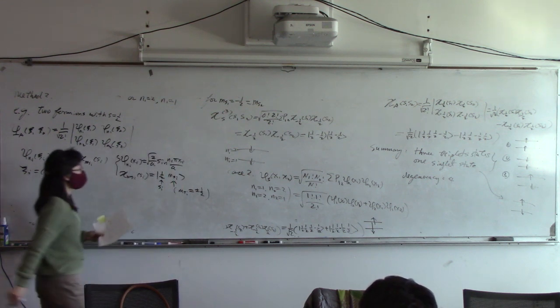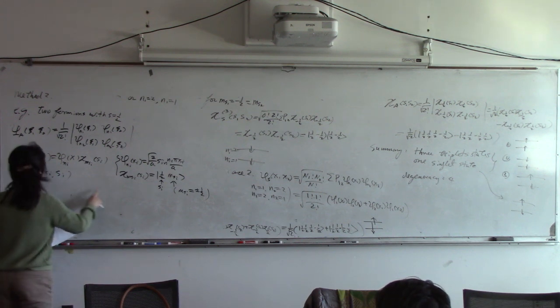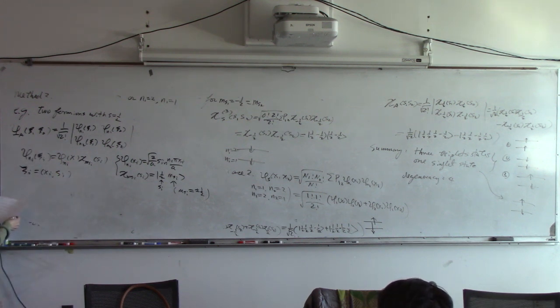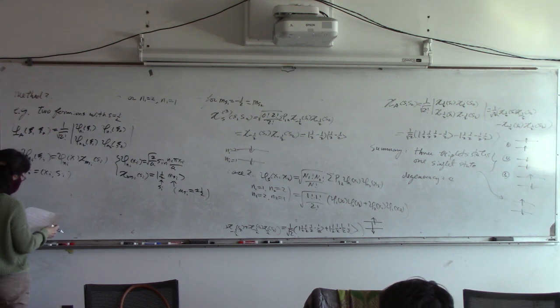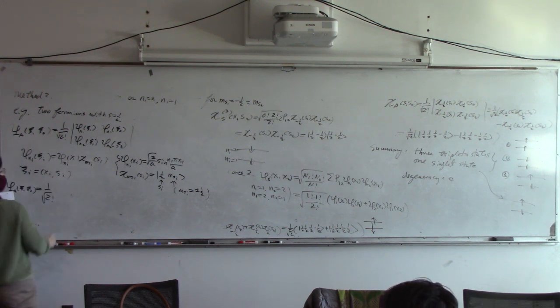In this case, 2s plus 1, s is half, so there are only two values. Now for this you can construct any antisymmetric function, in this case two identical fermions.